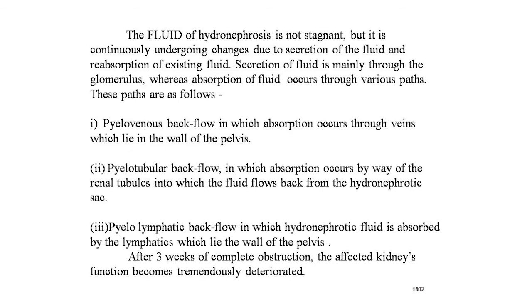Second is the pyelotubular backflow, in which the absorption occurs by way of the renal tubules into which the fluid flows back from the hydronephrotic sac. Third is the pyelolymphatic backflow, in which the hydronephrotic fluid is absorbed by the lymphatics which lie in the wall of the pelvis. After 3 weeks of complete obstruction, the affected kidney function becomes tremendously deteriorated.